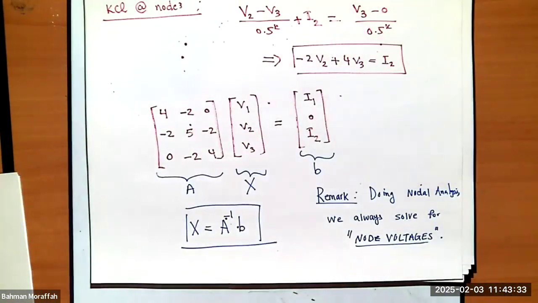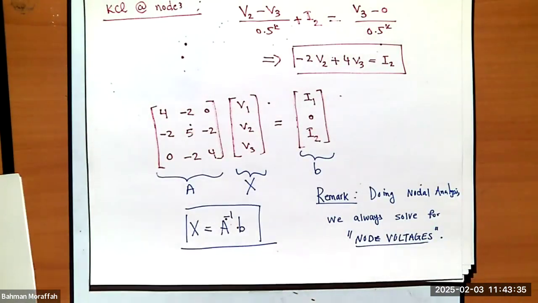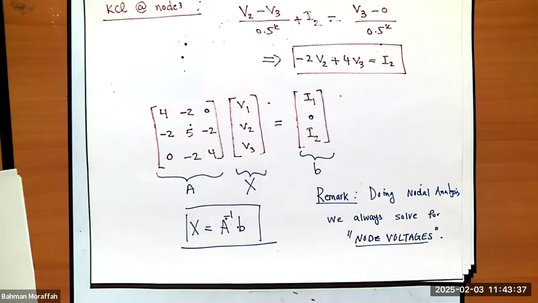Another point I want to make is that nodal analysis is the most comprehensive way of solving a circuit, meaning you can apply it to any circuit that you're given. We cannot say the same thing about mesh analysis. This method holds for any circuit, whether it's planar or non-planar.